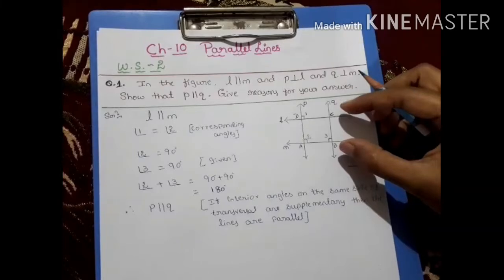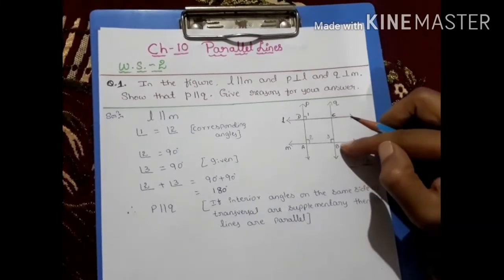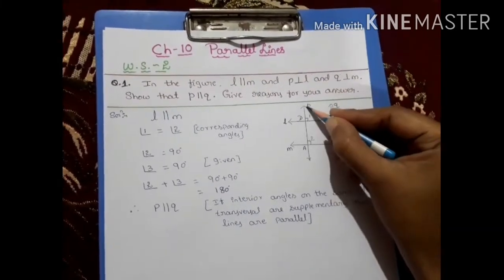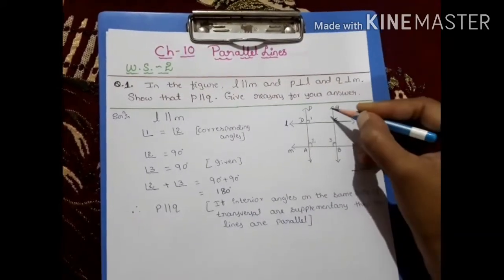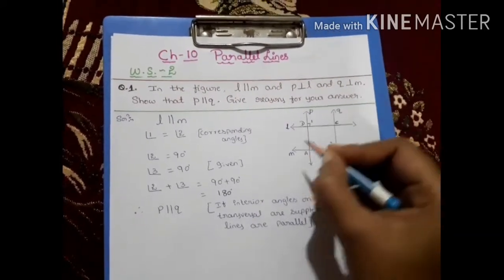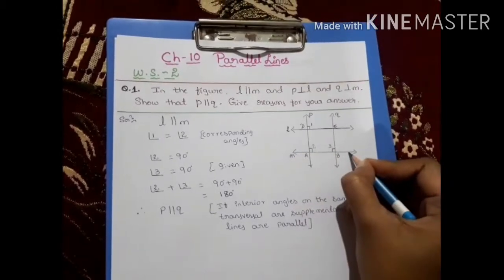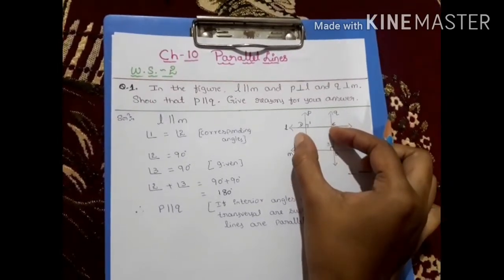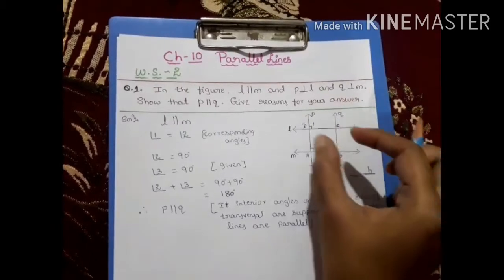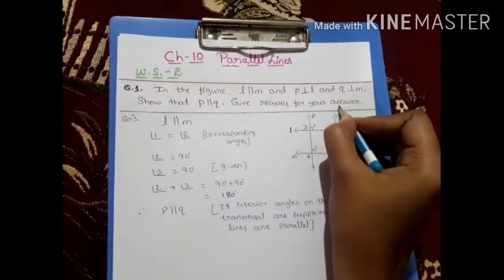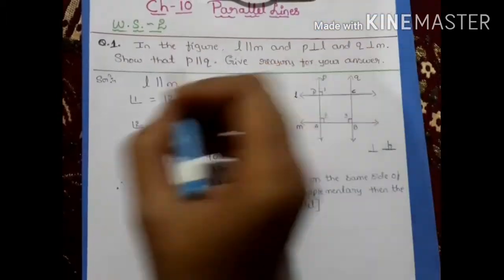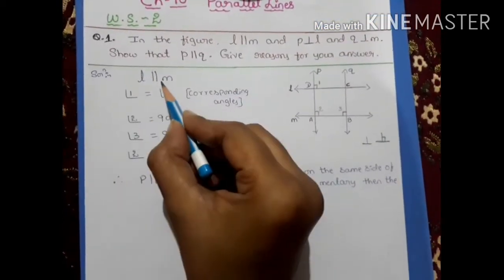Here in the figure, L is parallel to M. P makes a perpendicular on line L, and Q makes a perpendicular on line M. Now you have to show these two lines, P and Q, are parallel to each other, and give the reason. Solution.